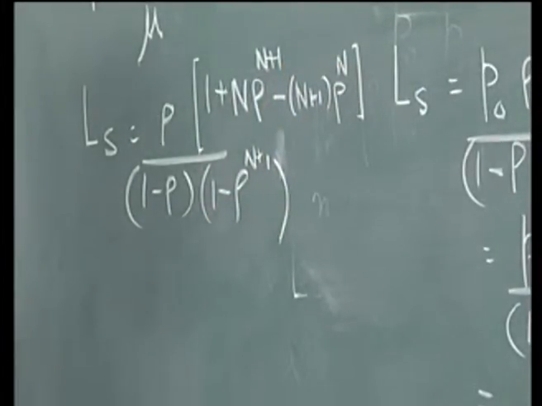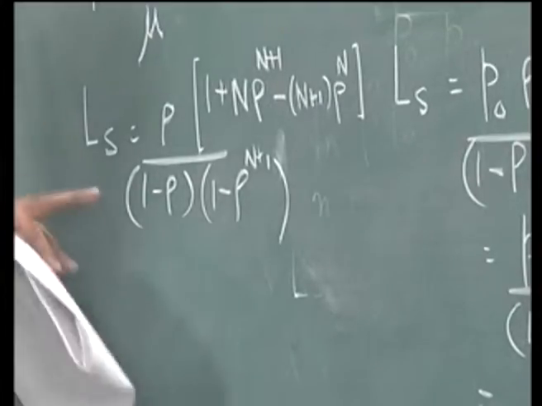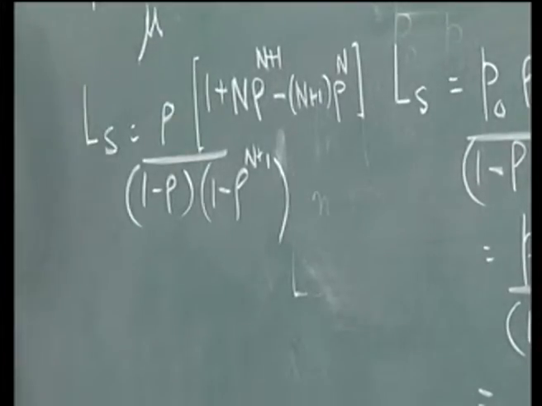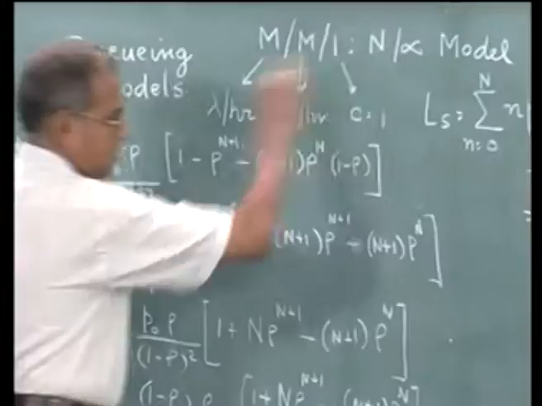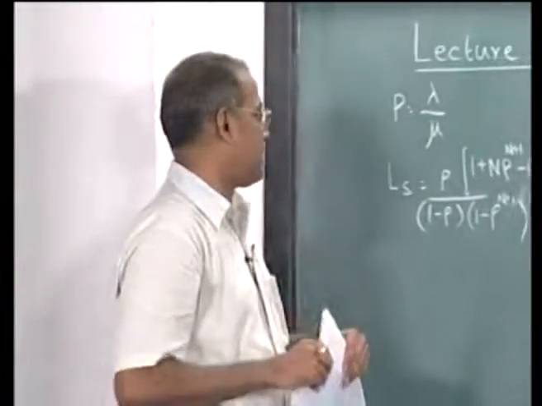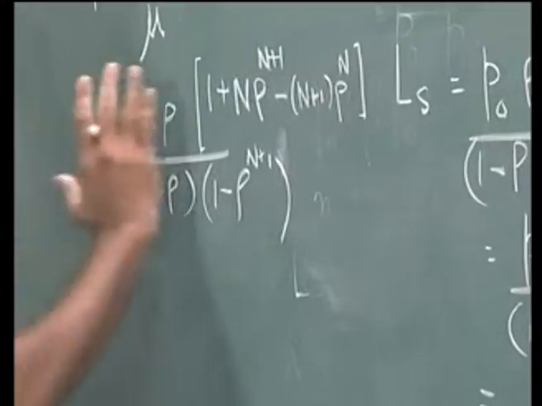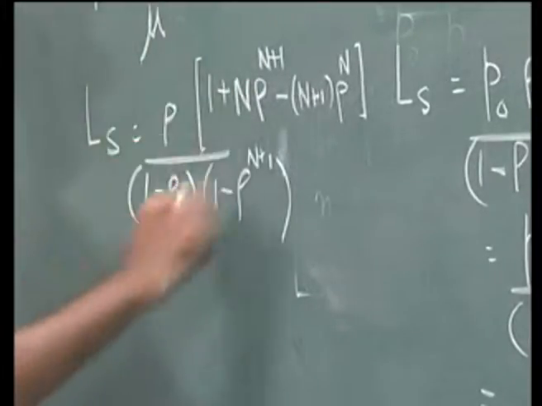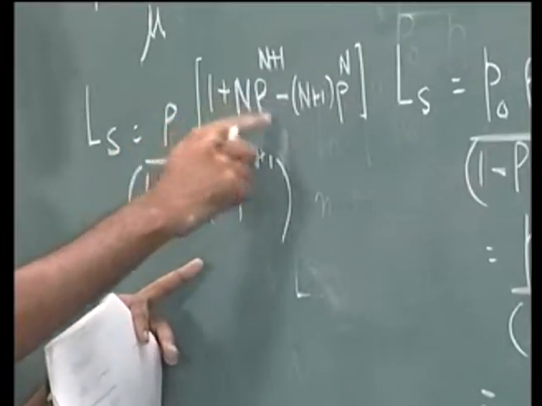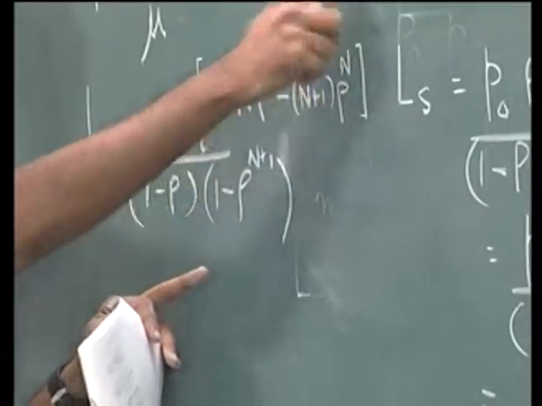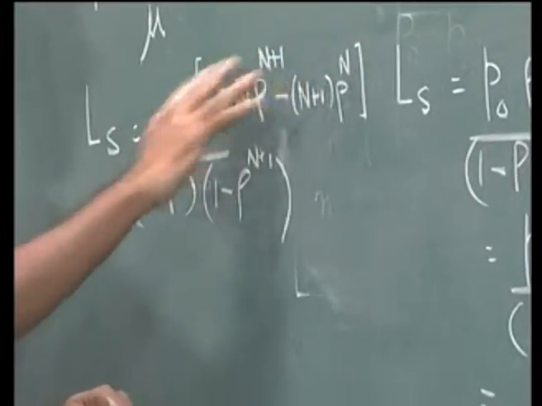So, we get an expression like this for Ls when we put a limit on this n. So, the expression gets a little more complicated. Earlier it was only rho by 1 minus rho. Now, we are multiplying this by a term which is like this: 1 plus n rho to the power n plus 1 minus n plus 1 rho to the power n by 1 minus rho to the power n plus 1.